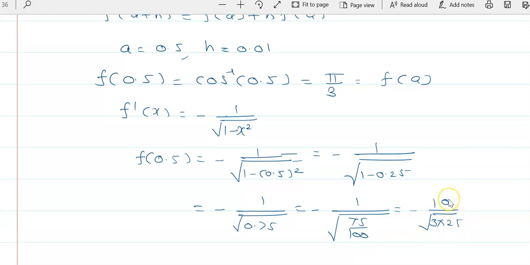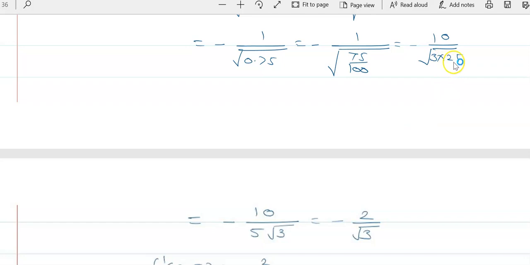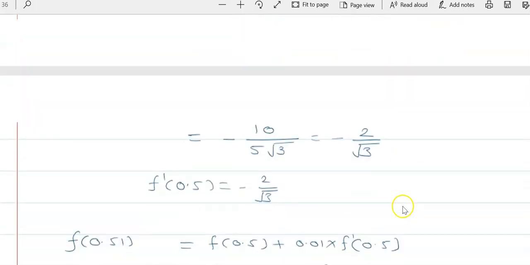That is 10 upon root of 3 into 25, and the root of 25 is 5, so 10 upon 5 root 3. If you calculate it, you will get minus 2 upon root 3. This is the f dash of 0.5, that is minus 2 upon root 3.